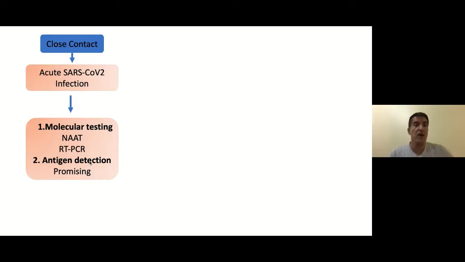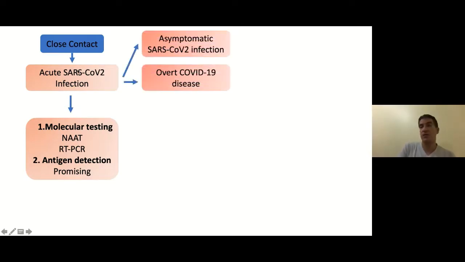After you diagnose an infection, the next step is to decide: some patients will remain asymptomatic, and some will express the phenotype of overt COVID-19 disease.